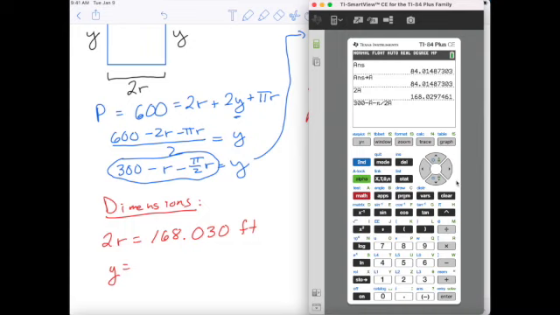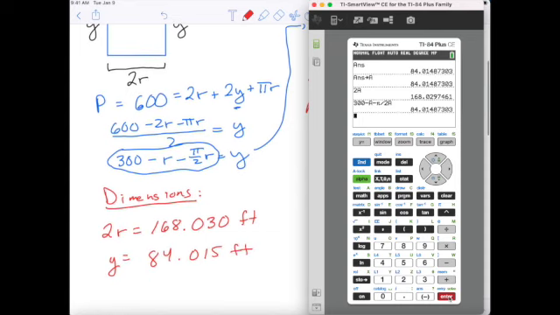If you wanted it in your denominator with the 2, you'd have to put parentheses around it, or use your fraction button. So here we go, and there's the y value. Actually, it's kind of interesting that y ends up being this 84.015 feet as well. So there are my dimensions, and that's really what it asked for.